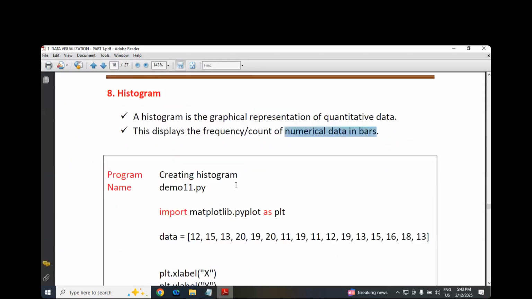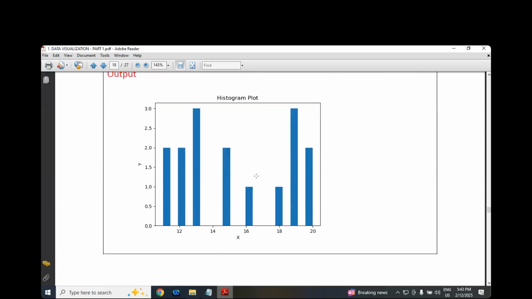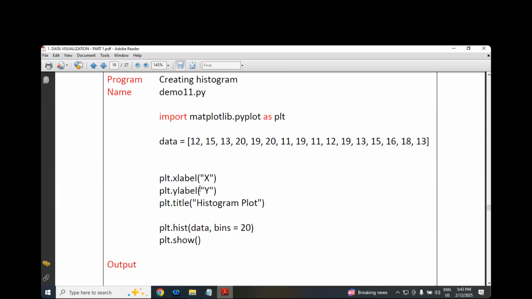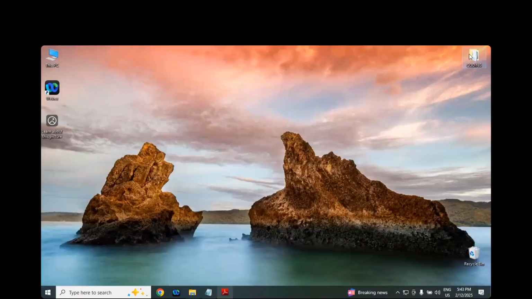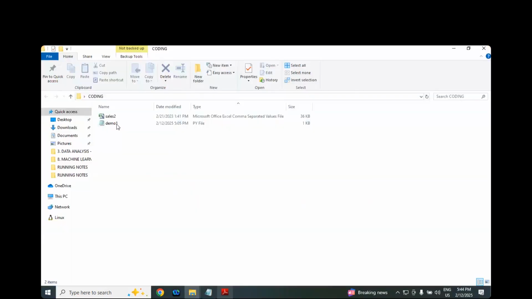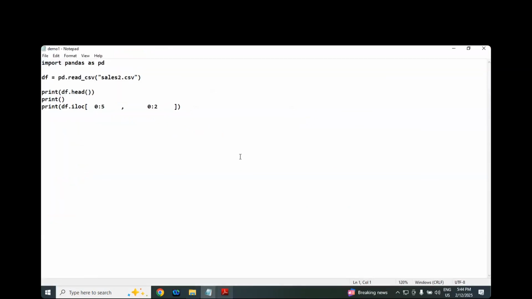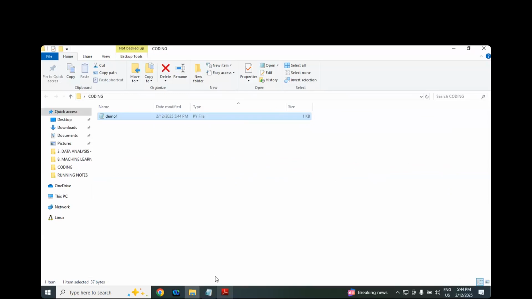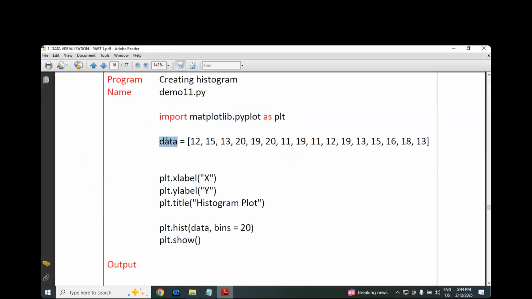I will take the same data, and now I can apply it, you will get an idea. Let us take this data.